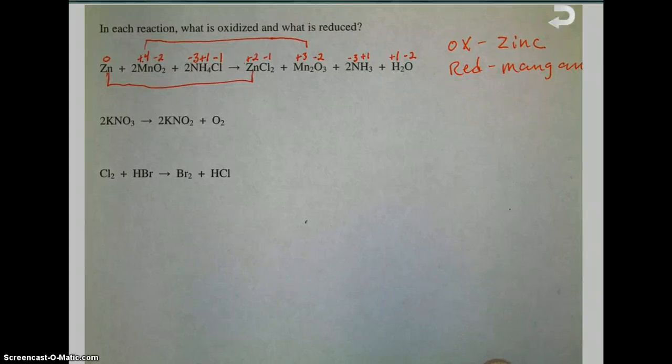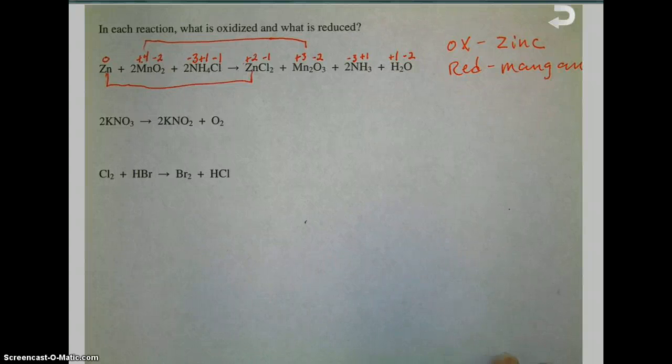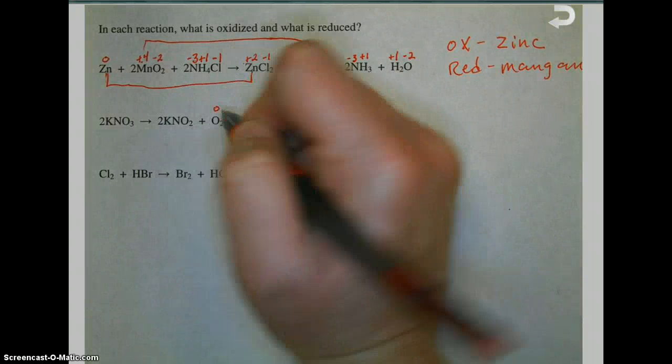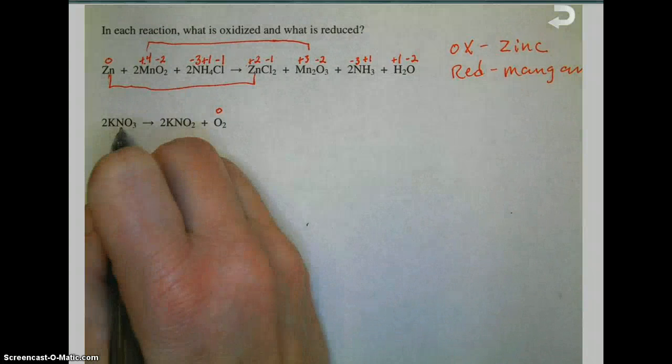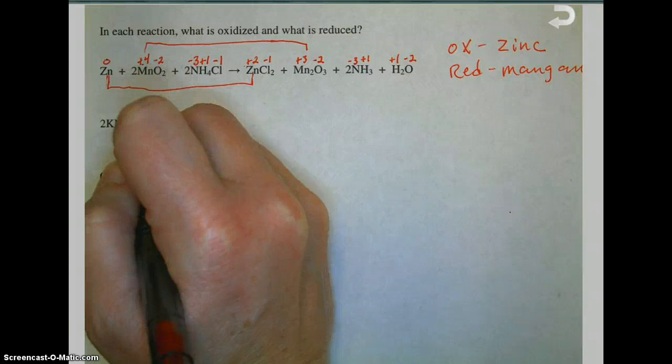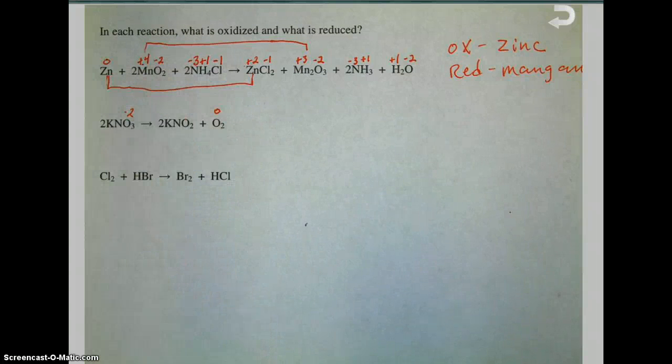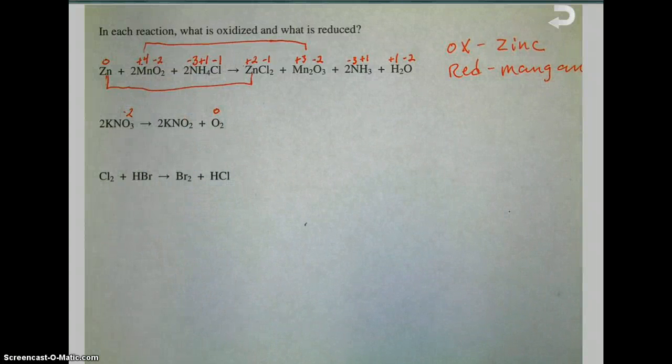Okay, let's look at the next two. So just to begin with, we know that oxygen gas is 0, so we'll start there. Okay. Now, in the reactant side, the O is -2, NO3 is nitrate, and nitrate has a total charge of -1.